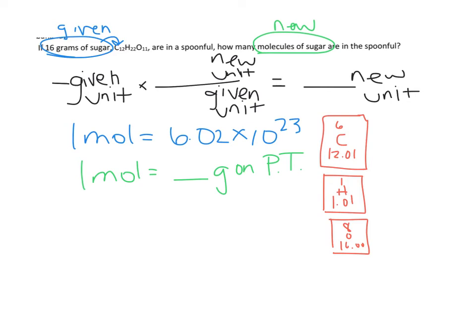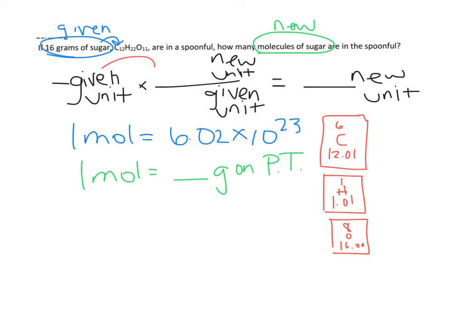So sometimes we are going to be given a question like this where we can't go from our given to our new unit in one leap, just one little jump, okay? Sometimes we're going to have to extend this and do another conversion factor before we get to what we're actually asked.